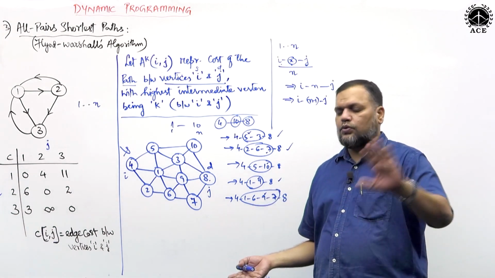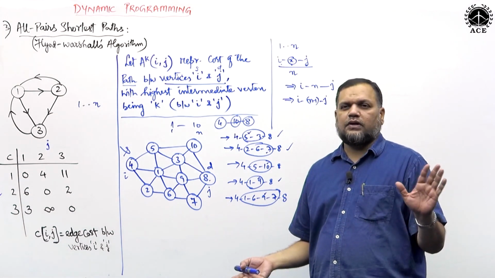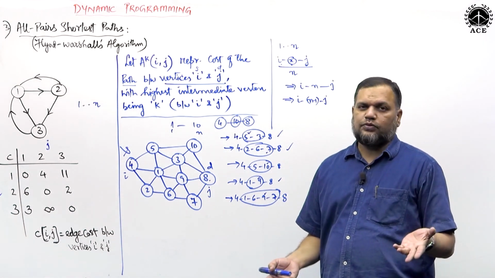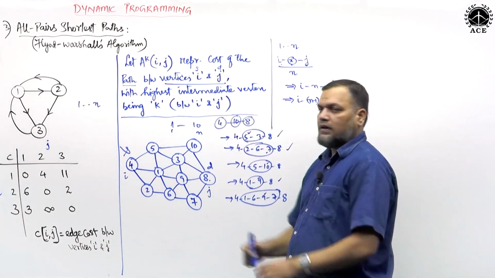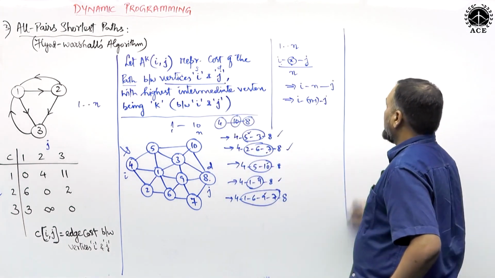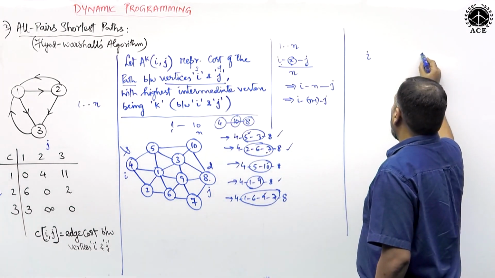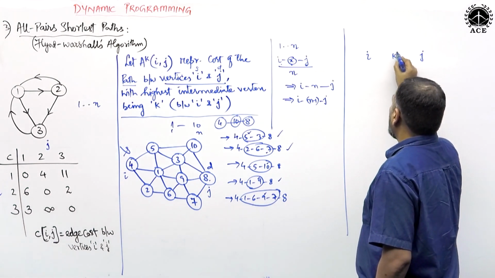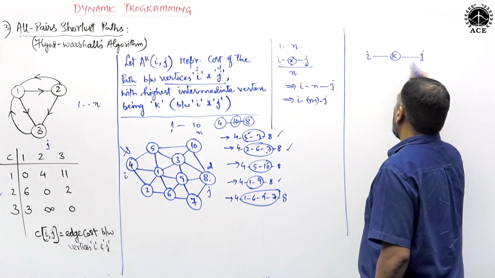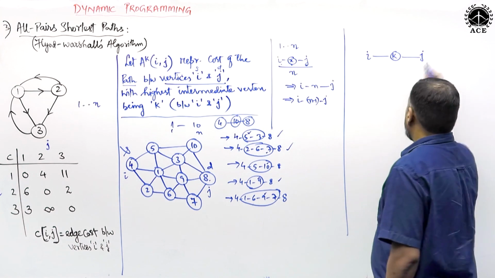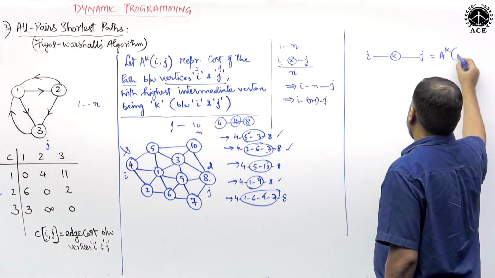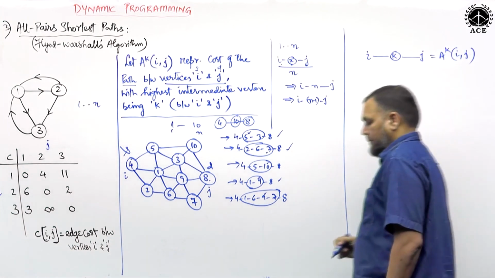If the shortest path does not go through n minus 1, then perhaps it may go through n minus 2. Now, as per the formula, the source is i, the destination is j, and the highest intermediate vertex that could lie between i and j is k. This is represented as the function A^k of i, j.